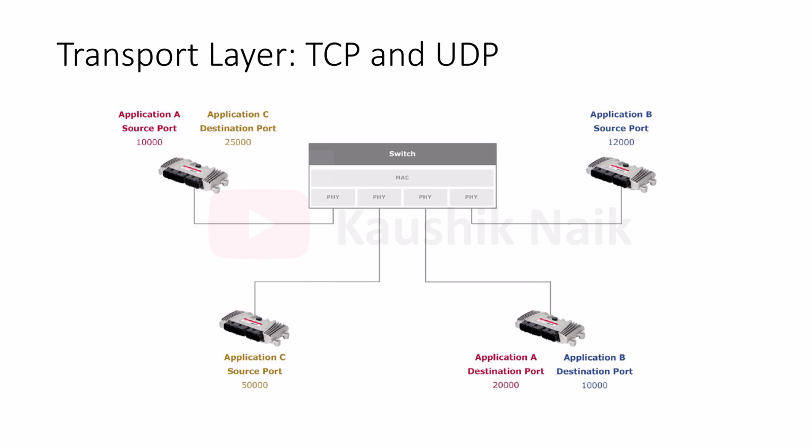Here we see the representation of different applications with the ports defined, which communicate using these ports. For example, if application A wants to send data from source port 10,000 to destination port 20,000, the frame format will have these two port numbers mentioned or configured.